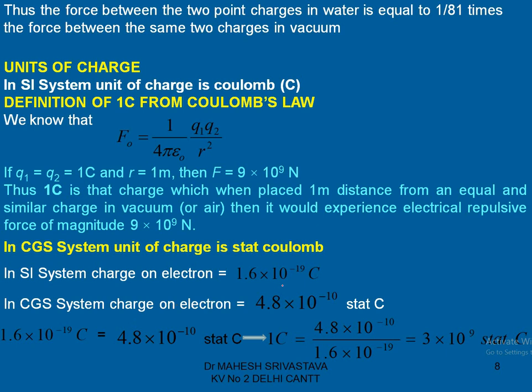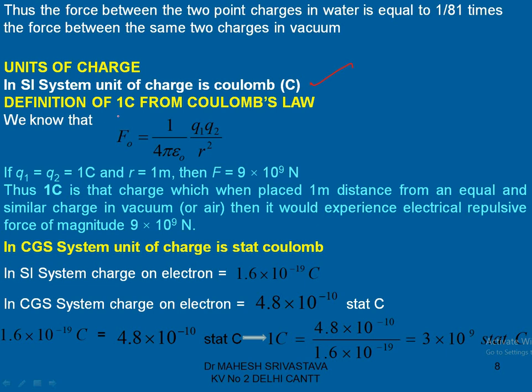Now units of charge. In SI system, the unit of charge is coulomb, that you have already studied in class 10. Now sometimes in your CBSE they ask the definition of 1 coulomb.